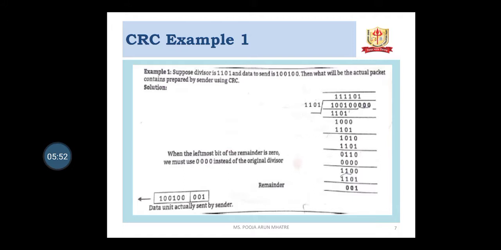During the division, when different bits are present, such as 1 and 0, the result is 1.